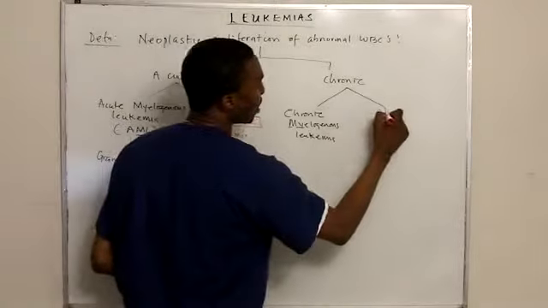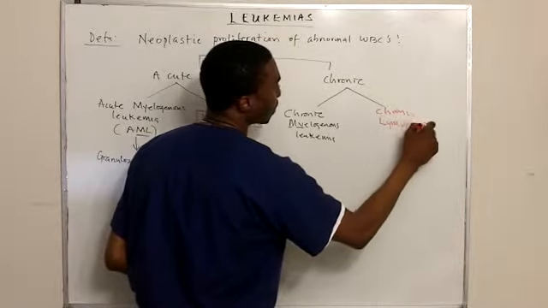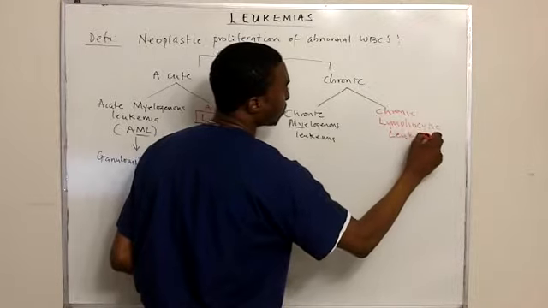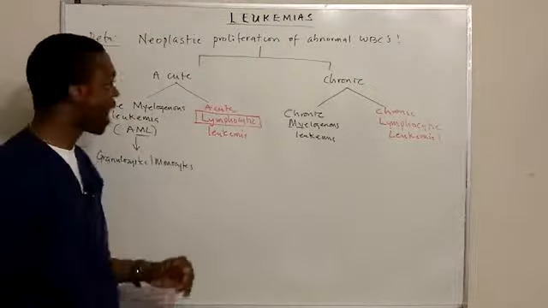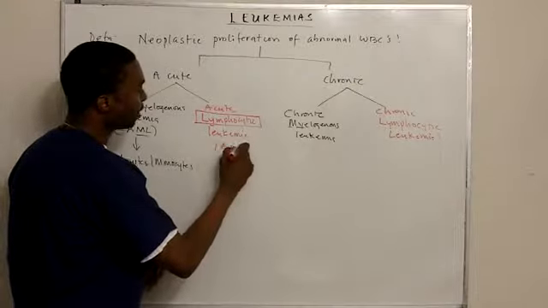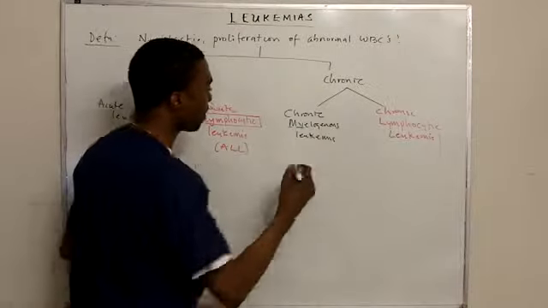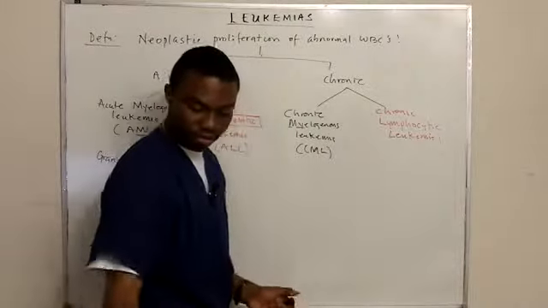And this will be chronic lymphocytic or lymphoblastic leukemia. So those are the four kinds of leukemia that we have: AML, ALL, CML, and CLL.